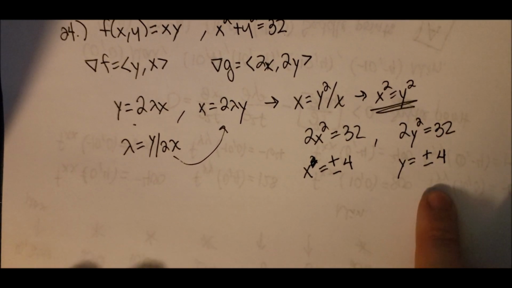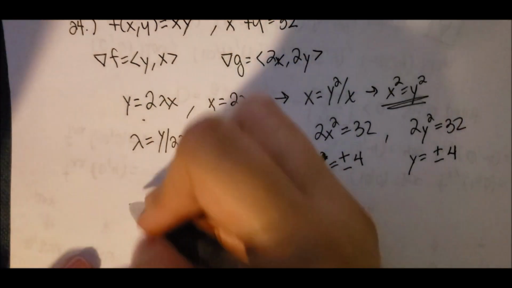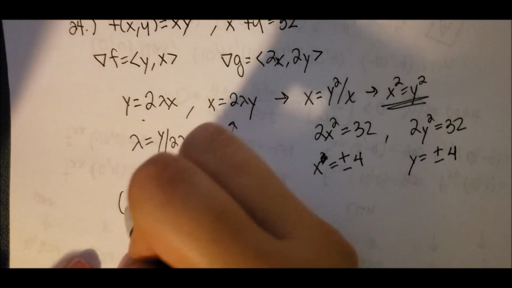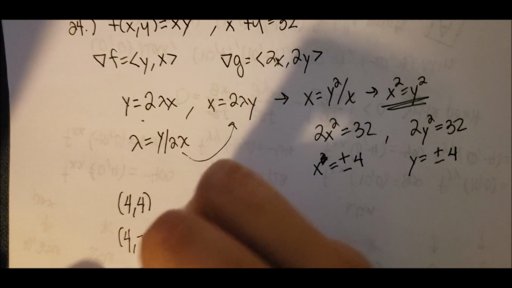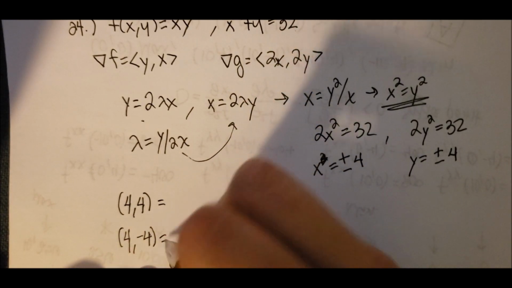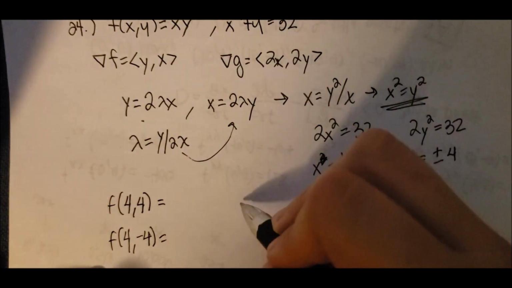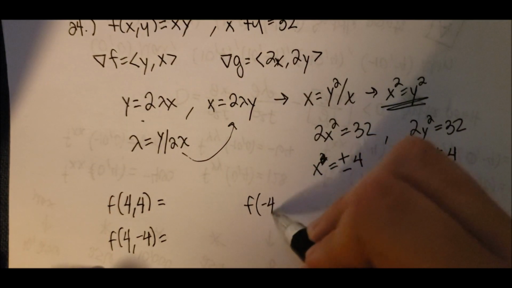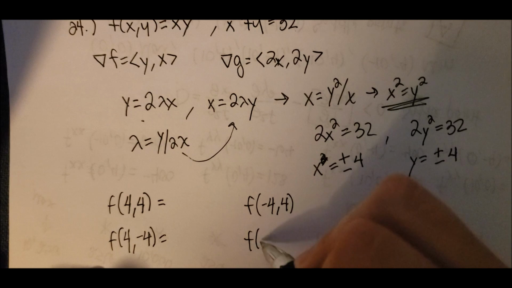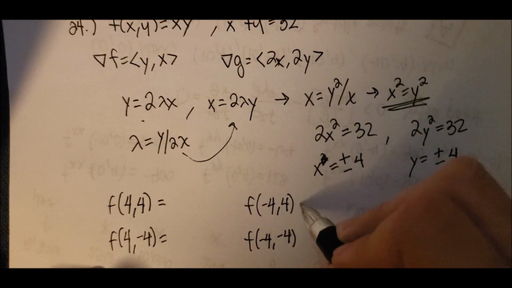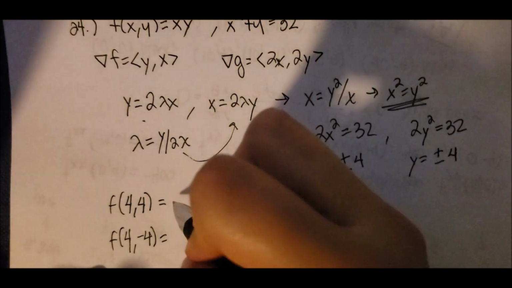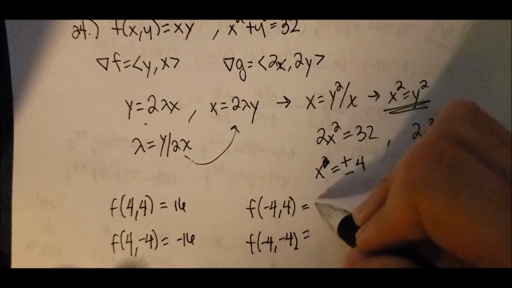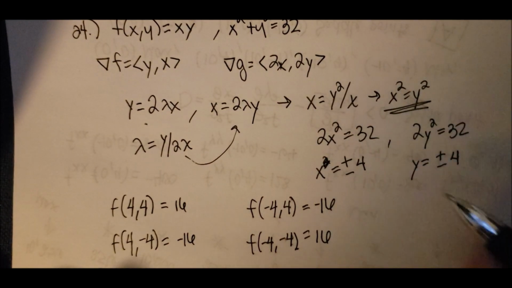So again, I have 4 points: 4, 4, 4, negative 4, negative 4, 4, and negative 4, negative 4. So I'll put this into f, and I get 16, negative 16, negative 16, positive 16.